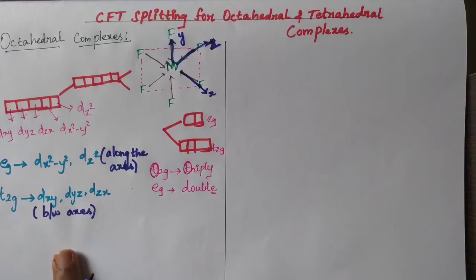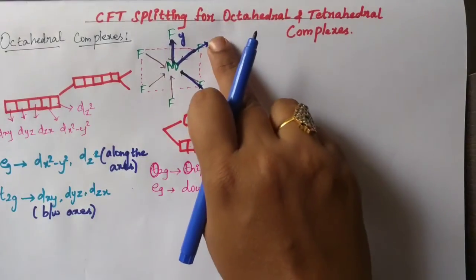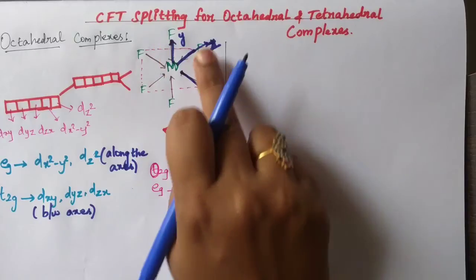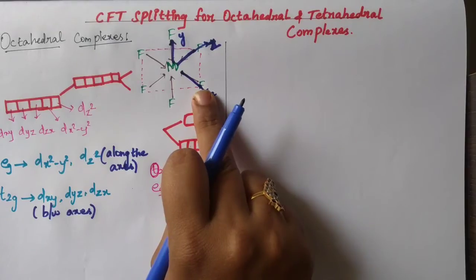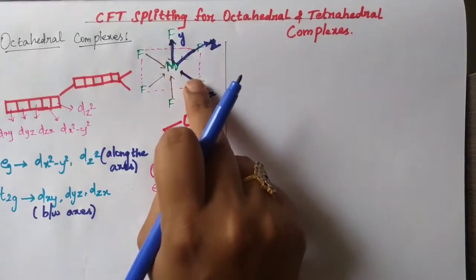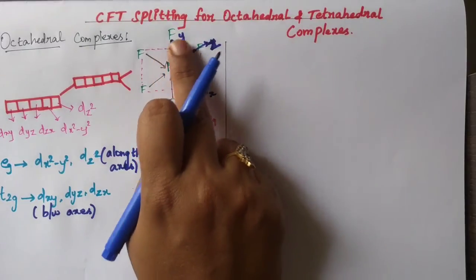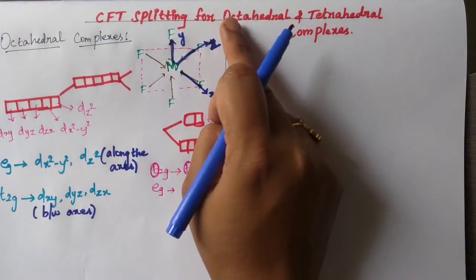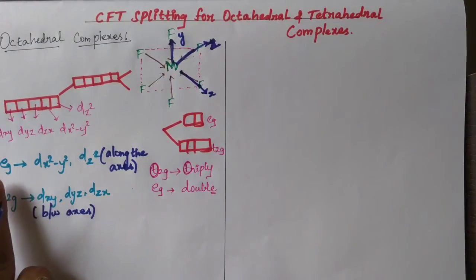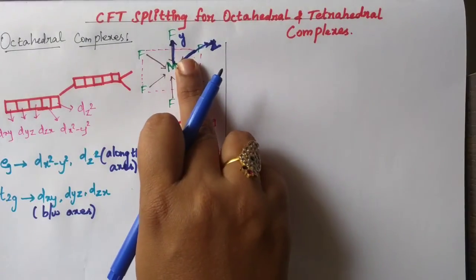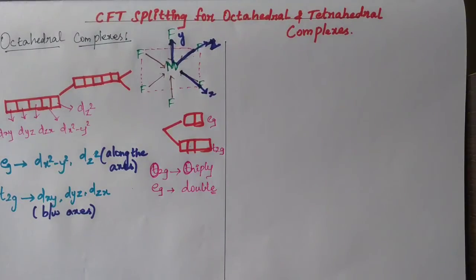Now Eg orbitals are present on the path of ligands. So lobes are present here, students. These axes are mentioned for metal orbitals, not for ligands. Now lobes are present on this axis and ligands are also approaching on the same axis. For octahedral complexes, Eg orbitals are present on the path of ligands, so there is a greater repulsion between ligands and the Eg orbitals than the T2g orbitals. Clear students?